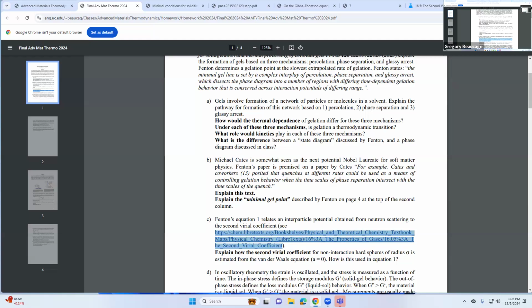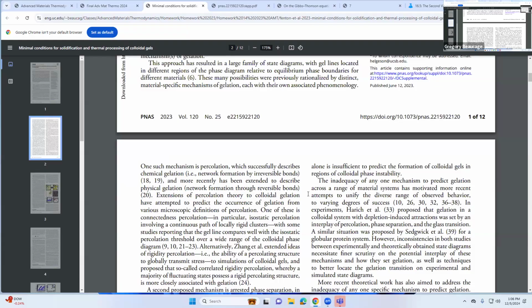This one's totally dependent on the phase diagram, and the glassy arrest is a kinetic phenomenon. In the sense that the kinetics depend on the exponential of energy over kT, like the viscosity, that one's got an exponential temperature dependence. And the phase separation one is kind of constant because in that region the phase diagram's flat.